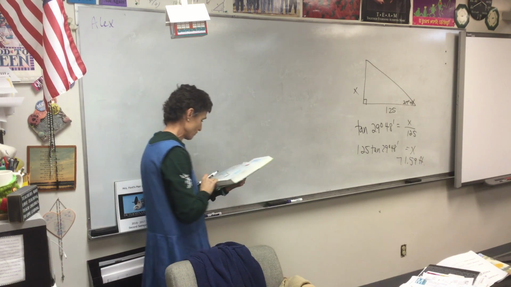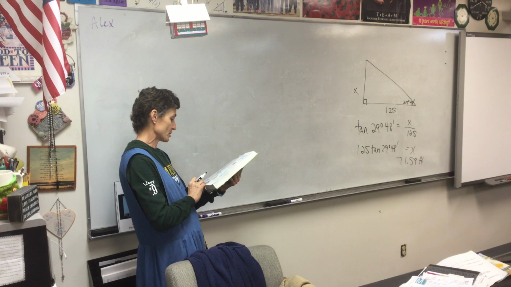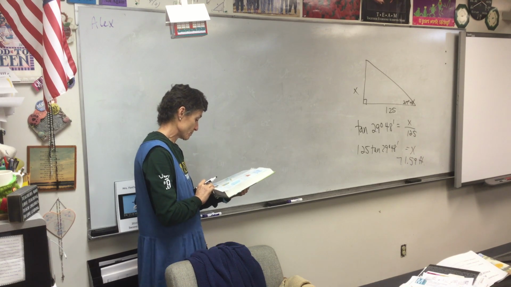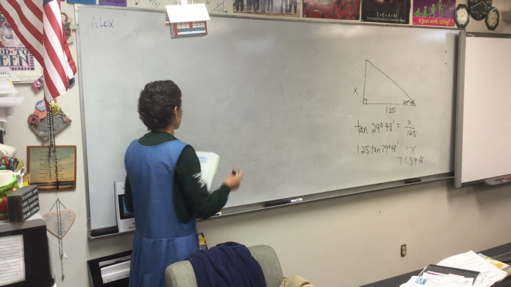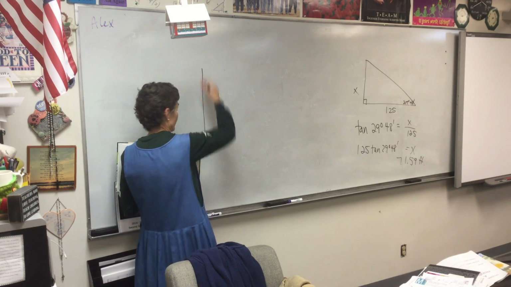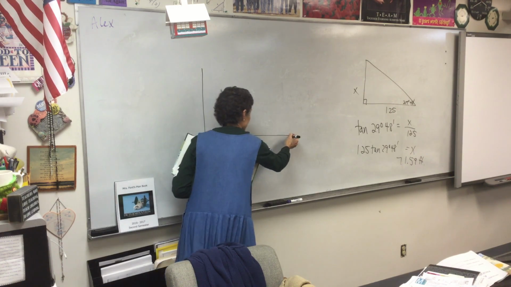The angle of elevation from an observer to the bottom edge of the Delaware River Drawbridge observation deck, located 200 feet from the observer, is 30 degrees. All right, so here's the bridge, and here's the observer.